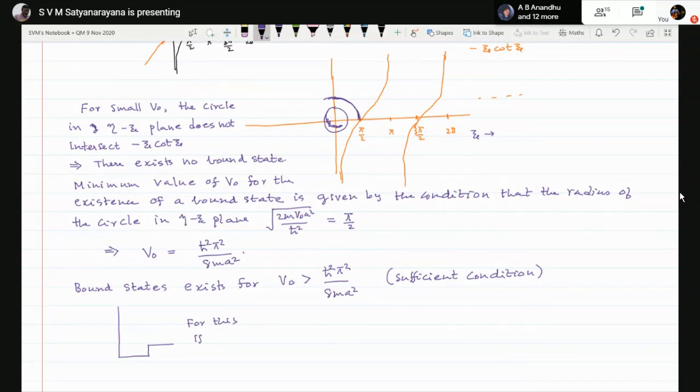If V naught is less than h bar square pi square by 8m a square, where a is your width, then even if E is less than V naught, the particle is not bound.